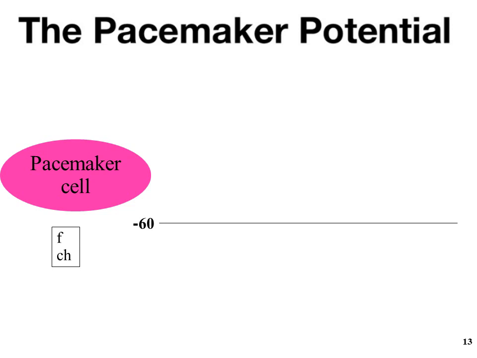H is for hyperpolarization, because they are activated on hyperpolarization, while F is for funny, because these channels have an unusual, funny activity.